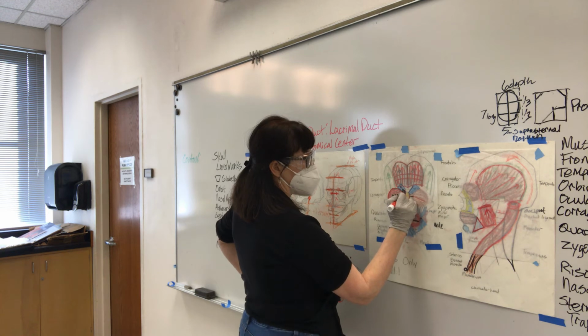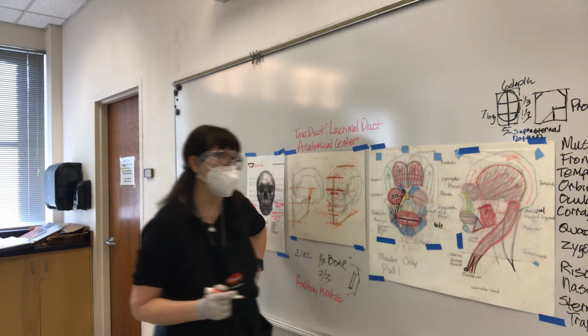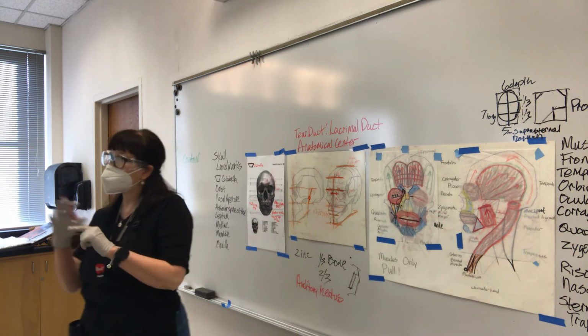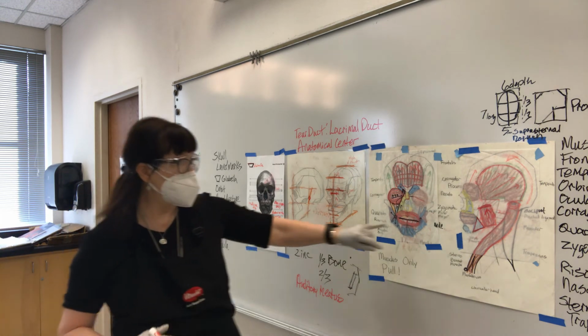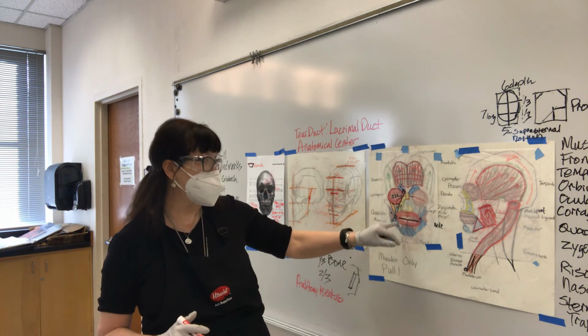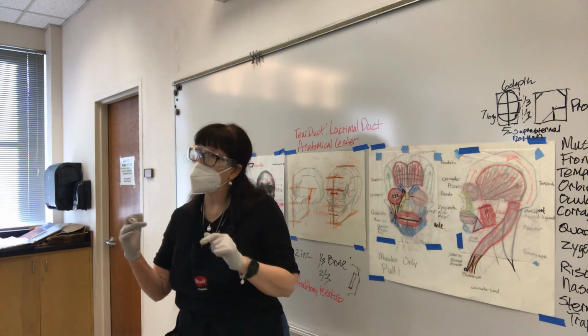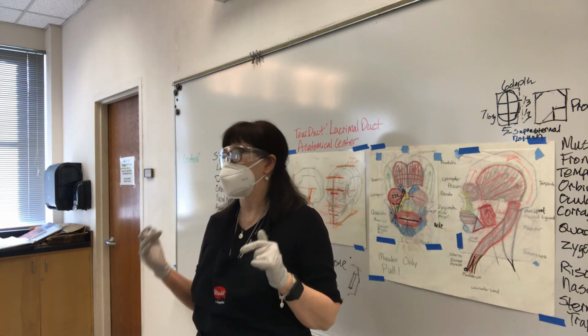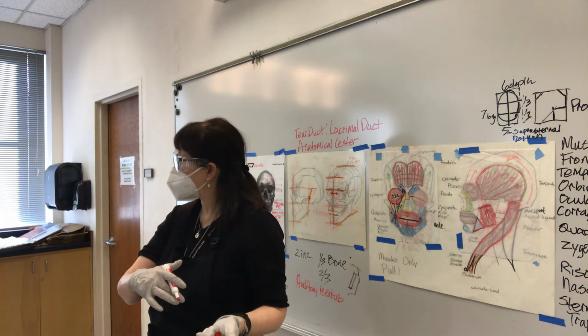So here is the little tail end of that orbicularis oculi. And we have 2 muscles that are named that. We have orbicularis oris, which is this sphincter-like muscle, and this one. Anytime you see anything in anatomy that says oculi, that deals with the eye.